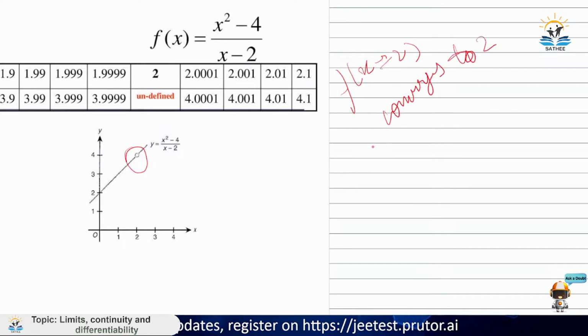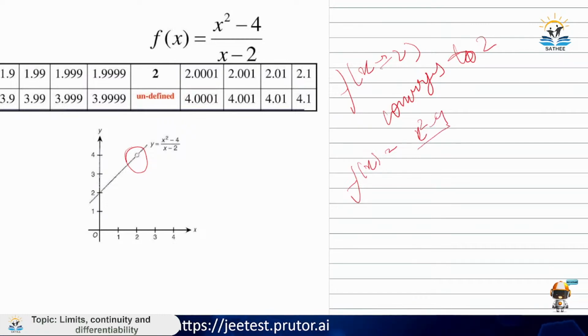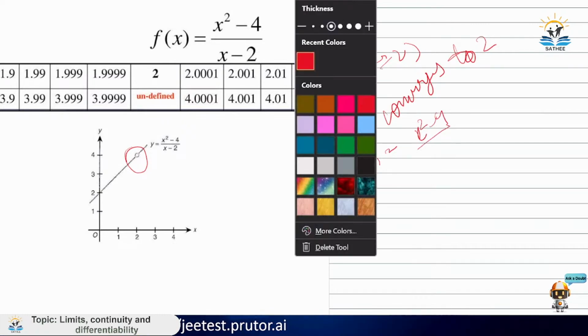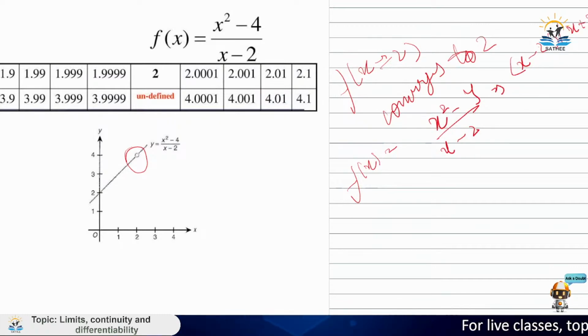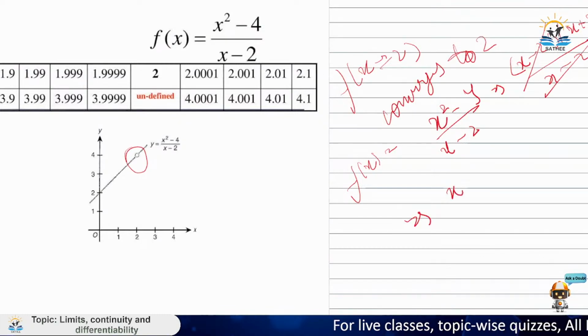to 4 as x approaches 2. We can also see this mathematically. f of x is given to us as x square minus 4 upon x minus 2. So we can write x minus 2 times x plus 2 over x minus 2. We can cancel them out for the time being, and we get x plus 2 as the function.